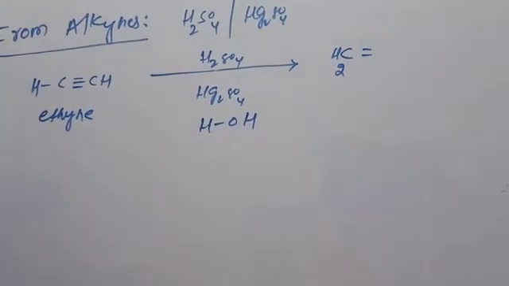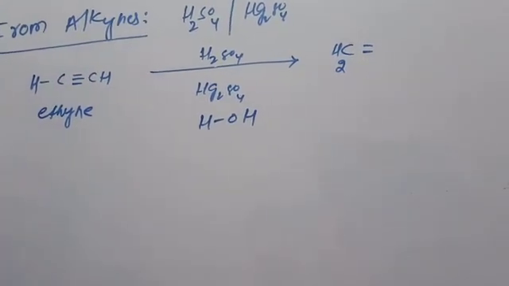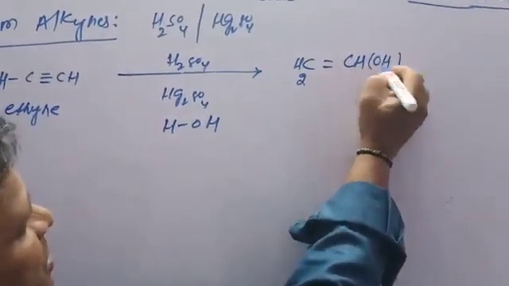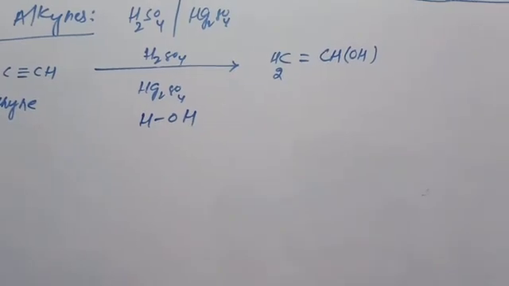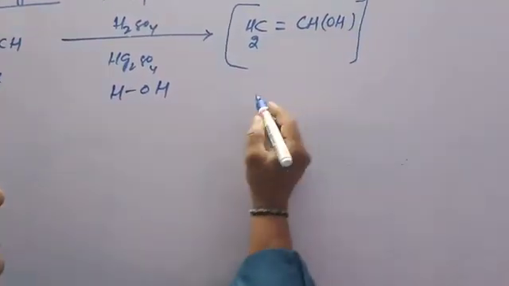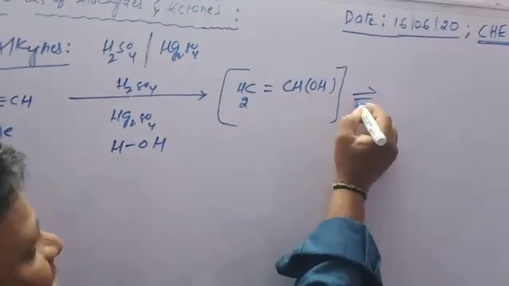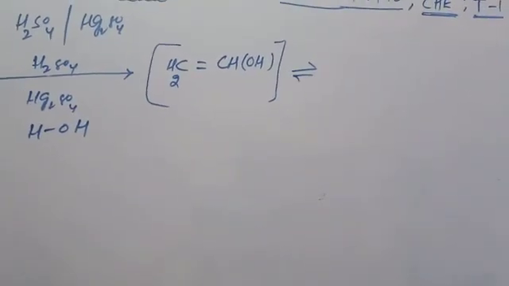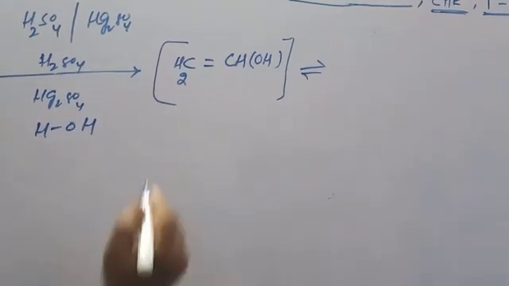CH2 triple bond converted into double bond CH, so then it is CH, it is OH. So it is the intermediate compound. Then tautomerism of this compound. Tautomerism means one proton transfer from one carbon to another carbon.